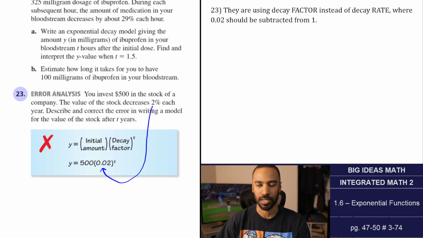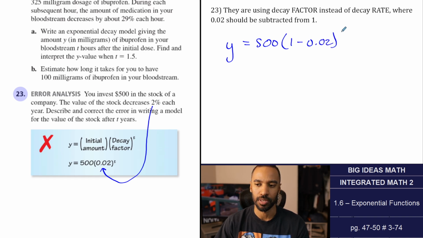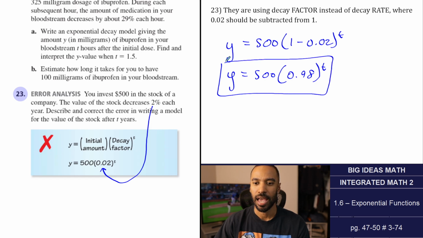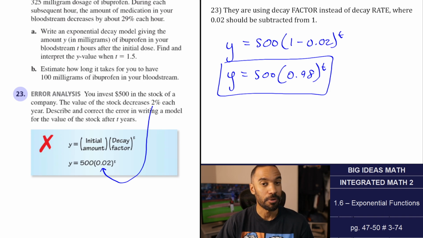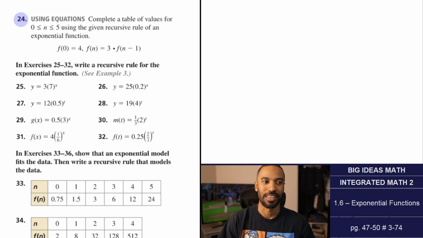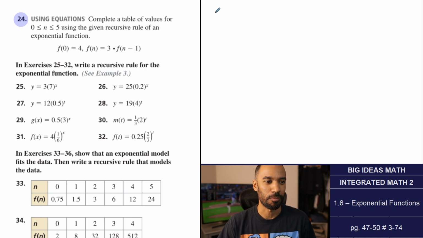So the correction is y equals 500 times 1 minus 0.02 to the t power, simplified to 500 times 0.98 to the t power. It decreases by 2%, which means after a year, the stock value will be 98% of what it was, not 2% of what it was. If it was 2% of what it was, then you would have to sell that stock, or you are going bankrupt.